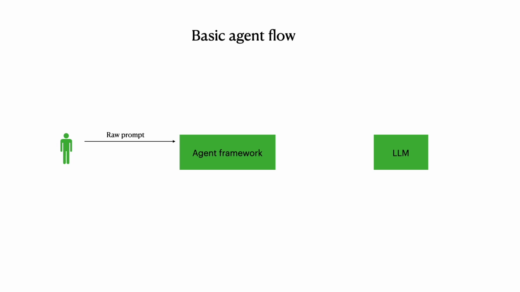The agent framework is code which is running somewhere on a cloud or in your custom environment. You can run the agent locally for your local testing, but in real life it will be running somewhere on a cloud. So the agent will take the raw prompt and then do internal processing.